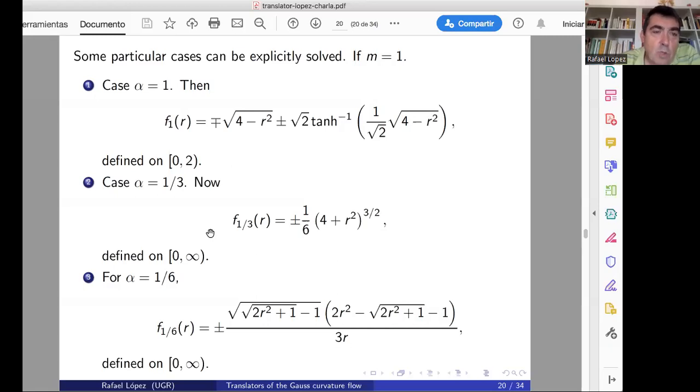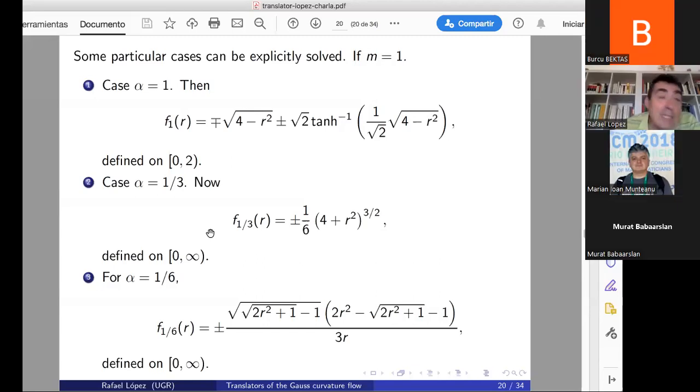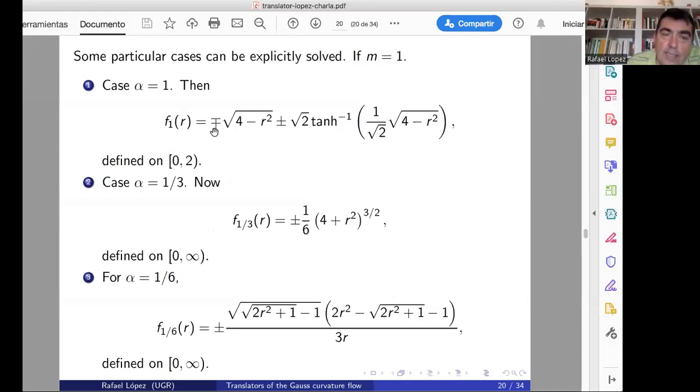For us, it was curious because we thought that only the case 1/4 is the special case, but in other cases it is also possible to solve completely the equation, okay? I repeat, all functions are convex because the Gauss curvature must be positive.